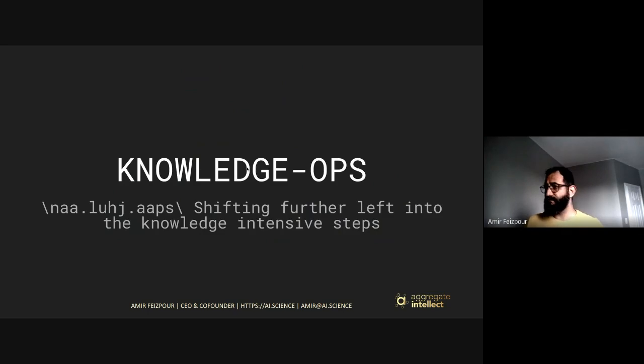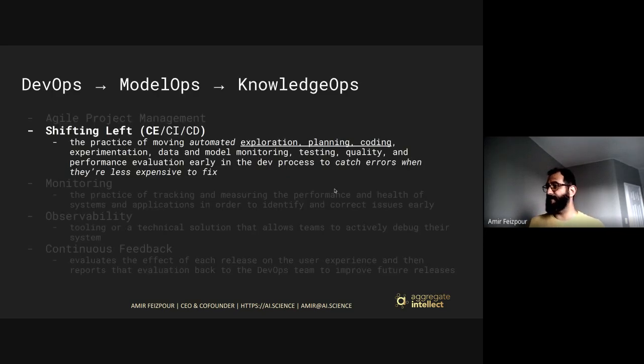So that's why in the past 3 years, all of a sudden, a lot of interesting things started happening with generative AI, enabling us to build tools that went beyond the capabilities of our older tools. I will take a quick look at those in a minute, but essentially it allowed us to shift further left into the knowledge-intensive steps. So what does that mean?